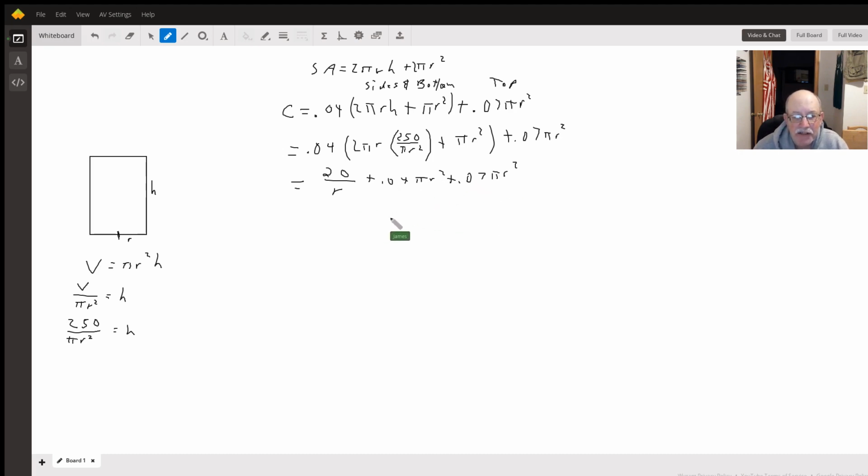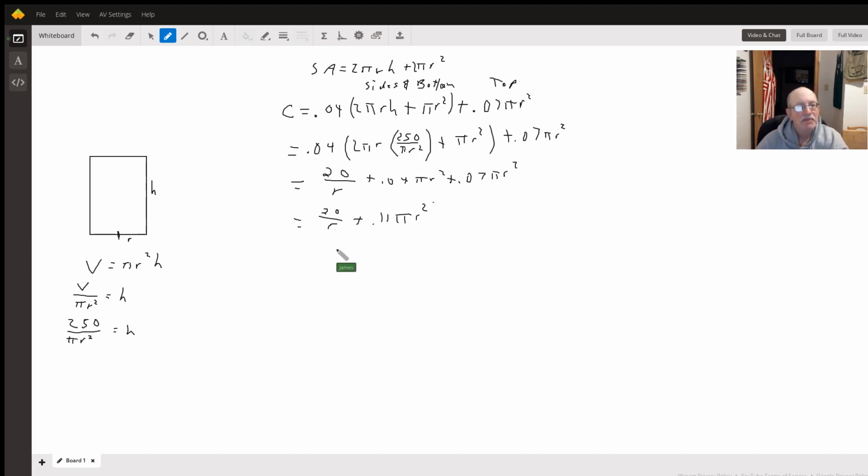I can combine like terms here. So this is going to be 20 over r plus 0.11 pi r squared. So that's our cost function right there.